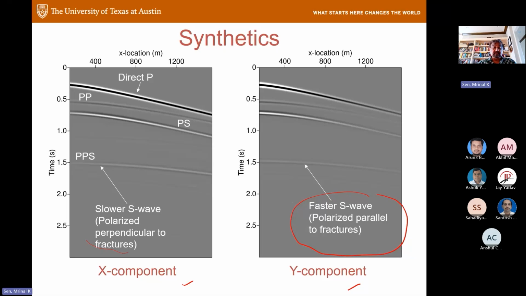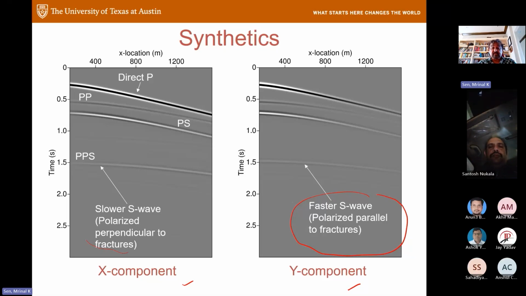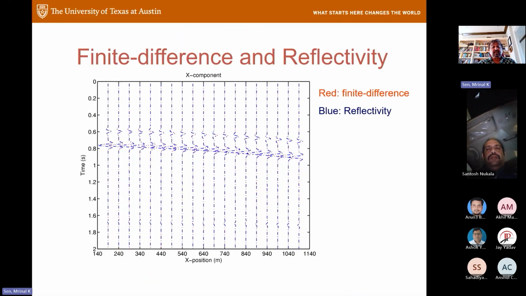So this kind of tool is really useful to understand wave propagation, but to write a code, you probably don't have to understand the nitty-gritty details of wave theory. One other thing I had my student do is to calibrate our finite difference with the reflectivity for fully anisotropic medium.